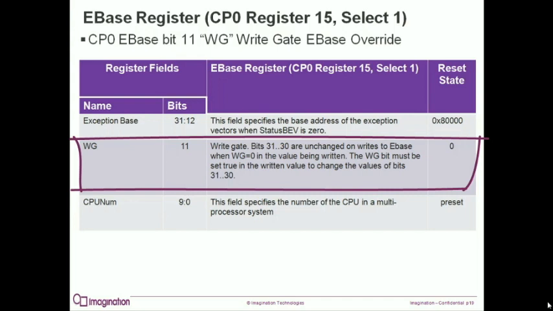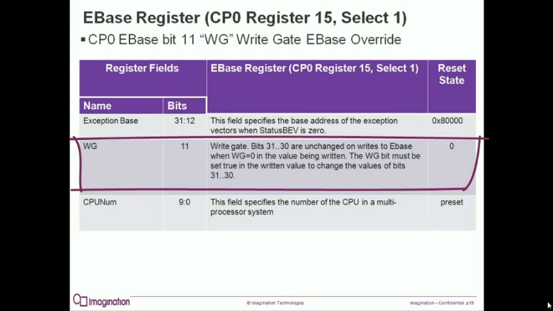To make an EVA core compatible with legacy software, on reset, bits 31 and 30 are set to a binary 10, and these bits are unchanged on writes to the EBase when the WG field is equal to 0.